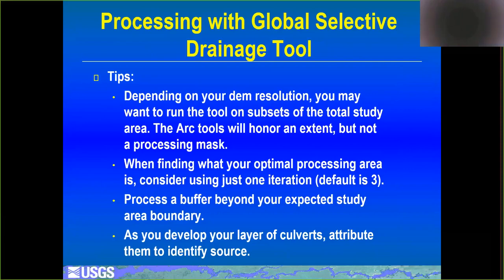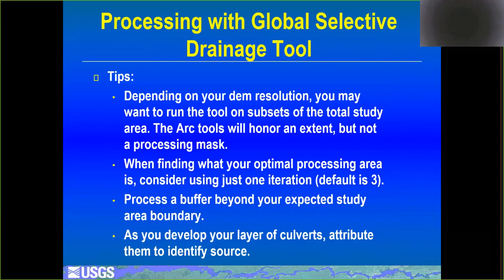So for us, we had the WBD lines that were based on the 1 to 24,000 contours, and then we included a buffer beyond that just because we thought there was a fairly high likelihood that those boundaries could change, one way or the other, based on culvert locations with high resolution LIDAR data. So we included a buffer there.